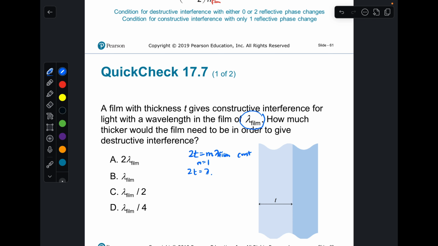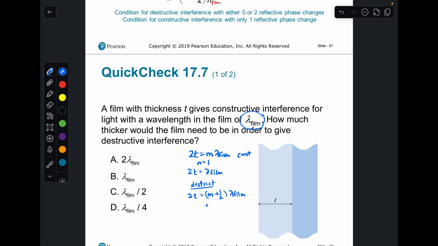That means twice the thickness of the film must be equal to the film's wavelength. In order to get destructive interference, we have twice the thickness of the film must equal M plus 1/2 lambda film.